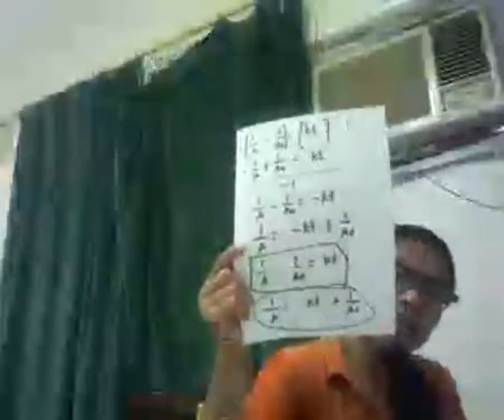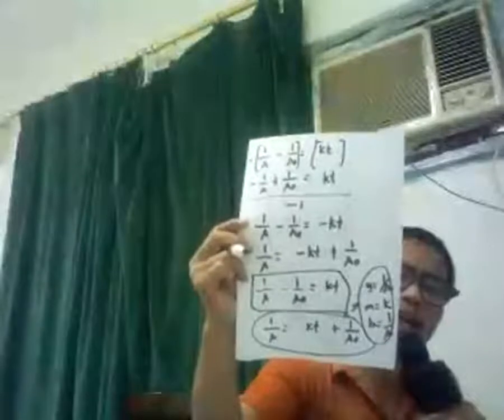So this is our second order: 1 over A is equal to K times t plus 1 over AO. What do you notice? The K is positive. Of all the reaction orders, 0, 1, 2, only the second order has a positive slope K. Memorize that K is always positive in second order in the integrated rate law.